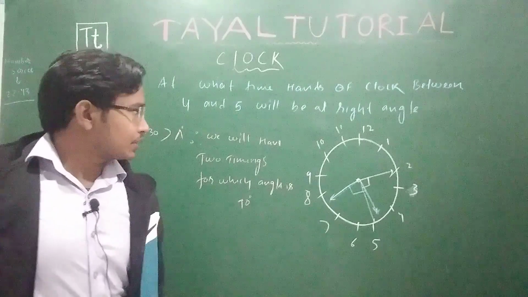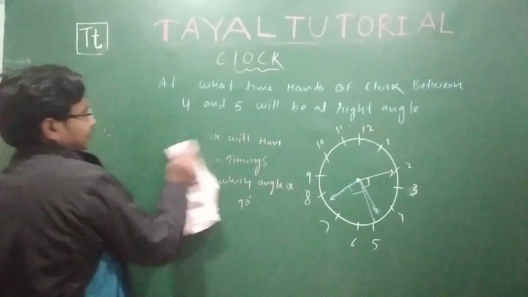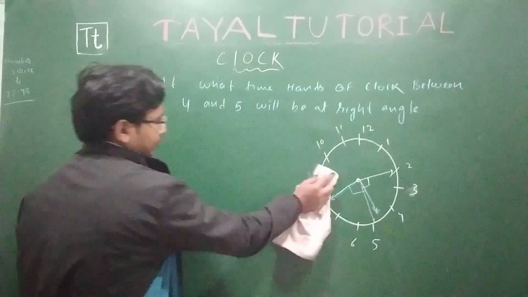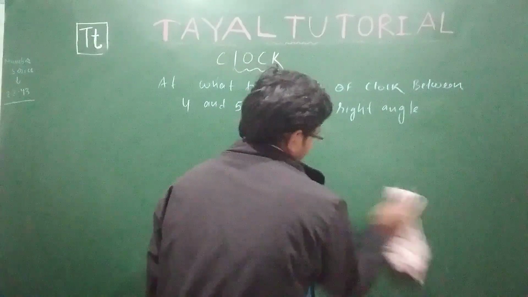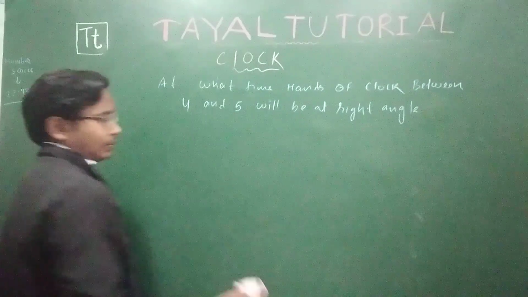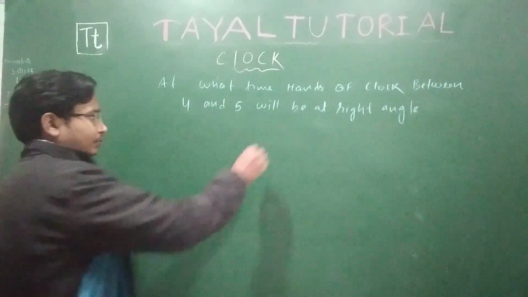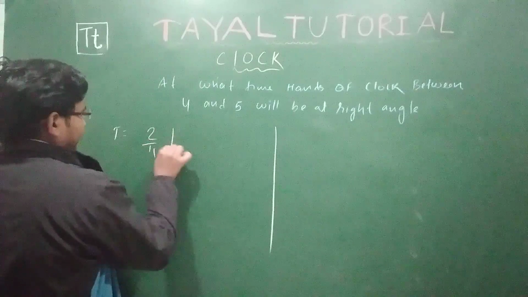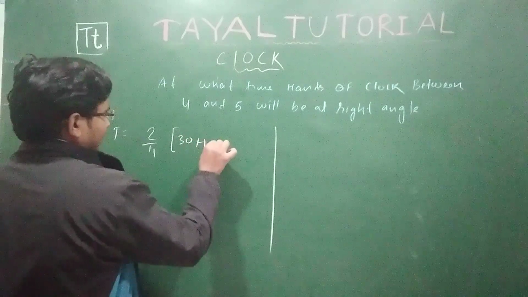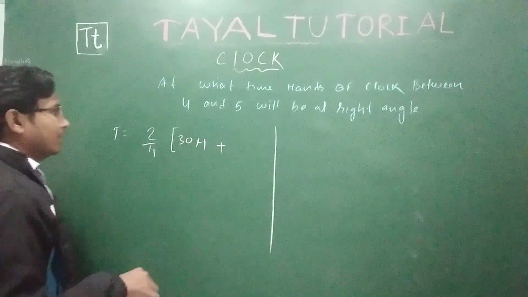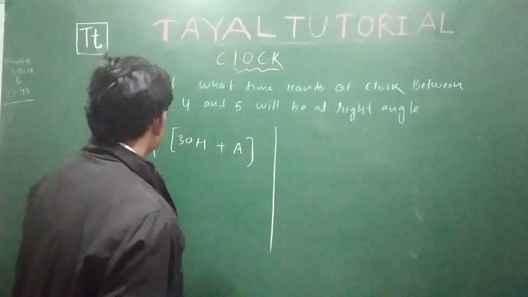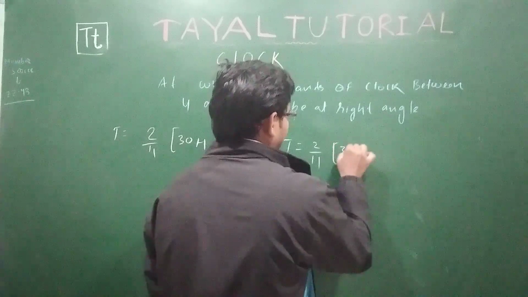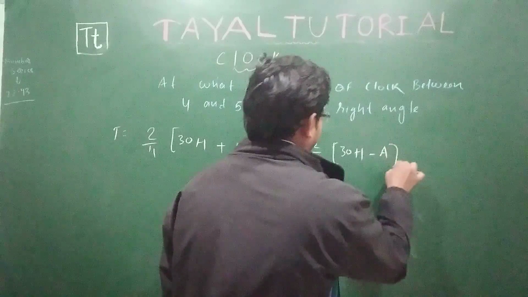The first is 2/11. Two possibilities can be: t is equal to 2/11 (30h plus a), and t is equal to 2/11 (30h minus a).